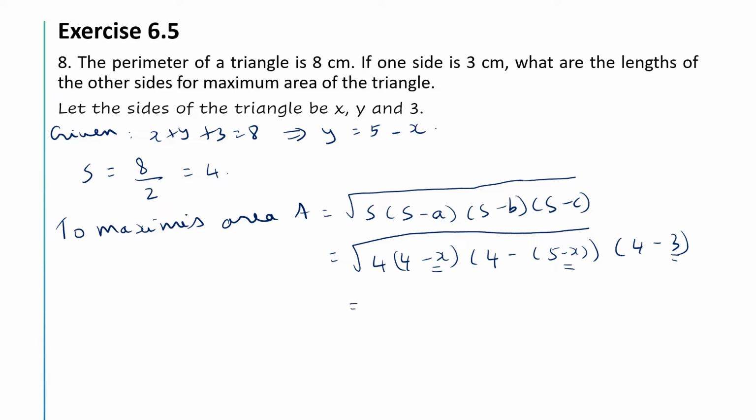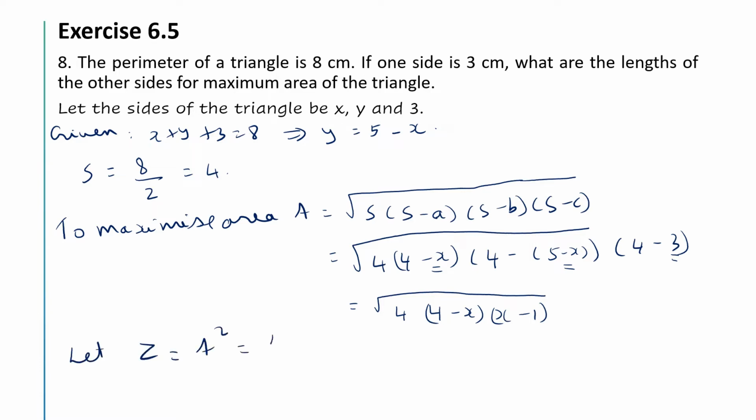Or this is equal to root of 4 into 4 minus x into x minus 1. Now, having the root, it will be difficult to simplify. So to maximize area A, we can maximize A square. So let z be equal to A square.